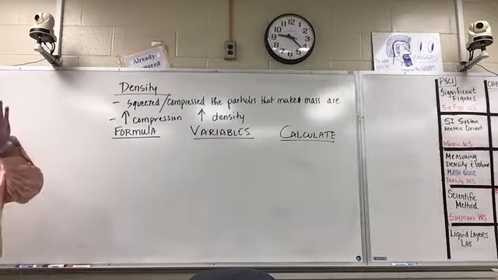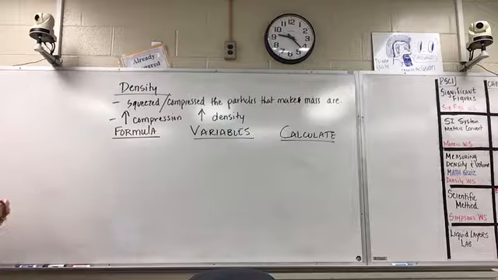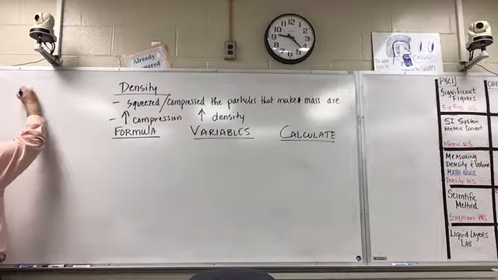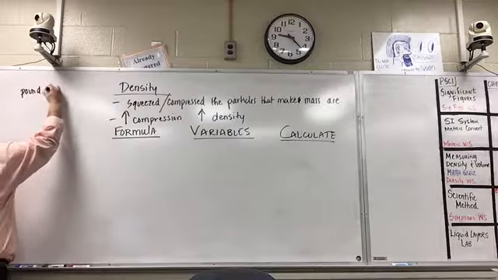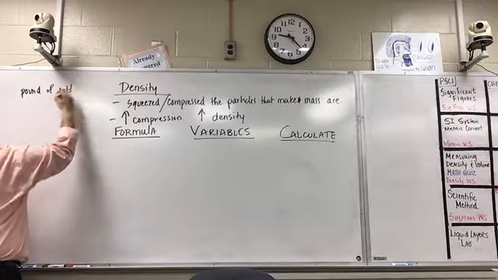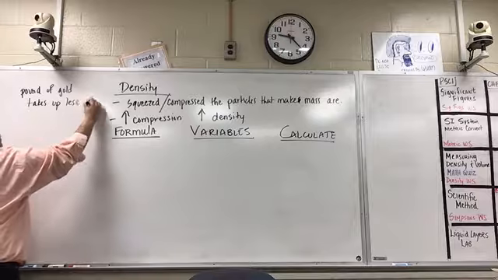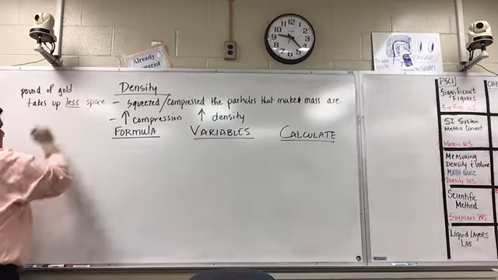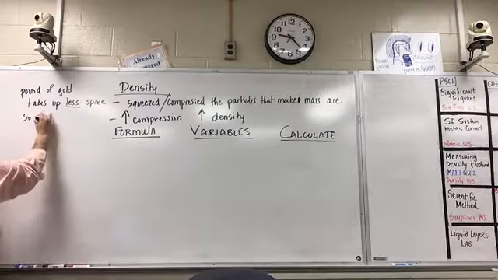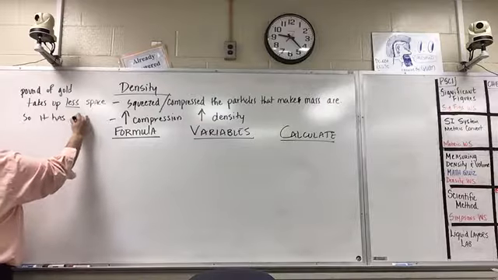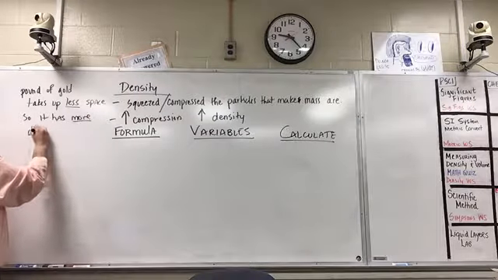Ready? Here's your introduction to an inverse proportion. A pound of gold takes up less space, so it has more density.